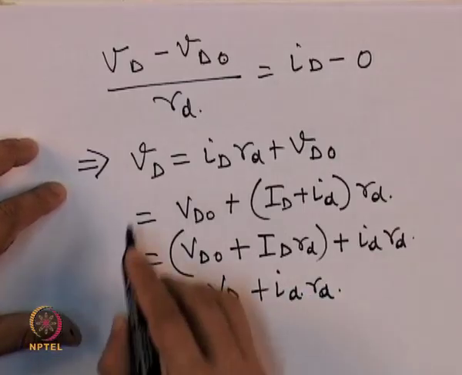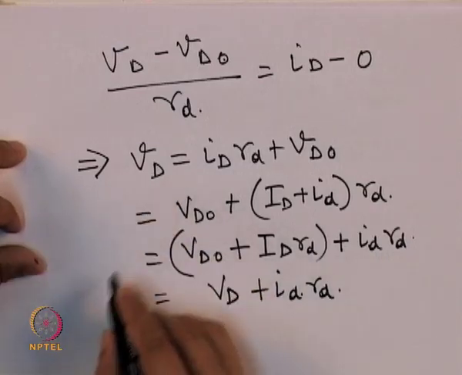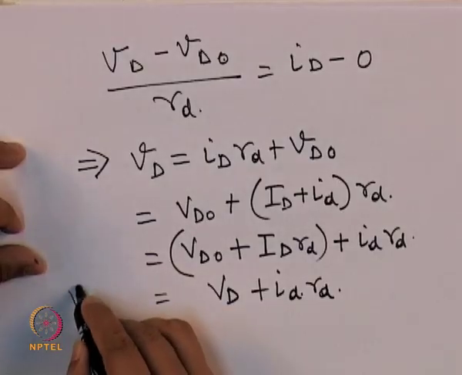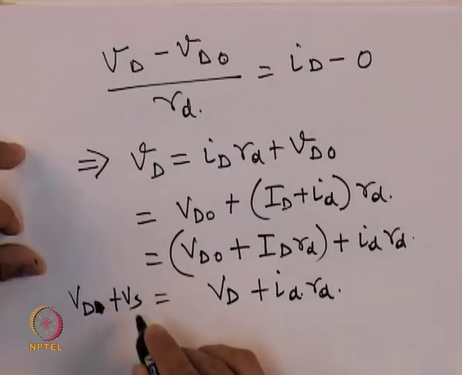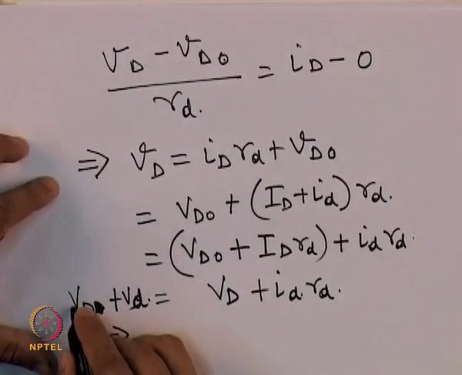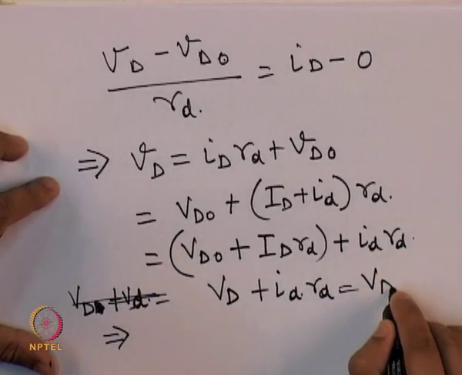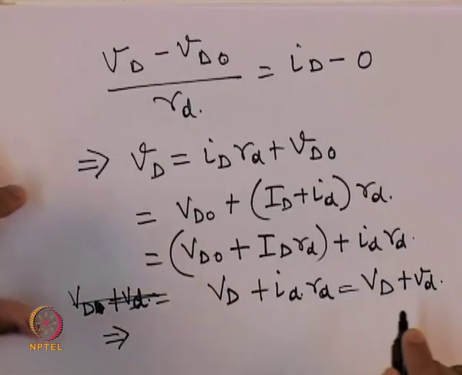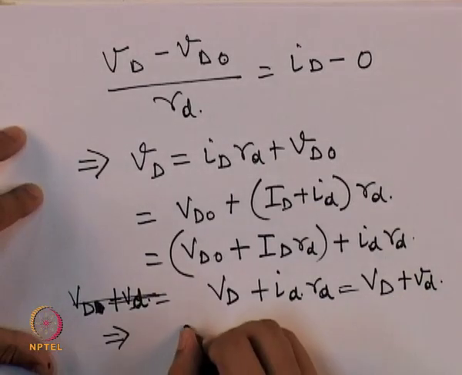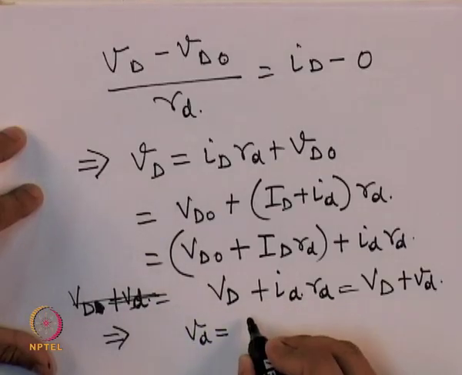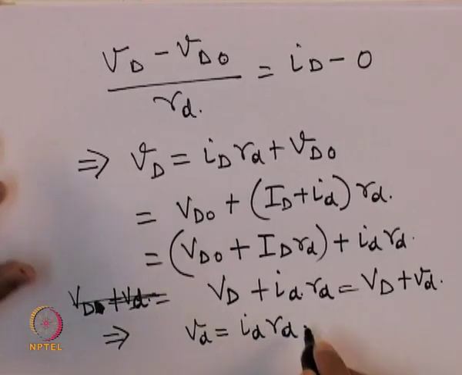Now, if we also write this AC plus DC voltage V d as capital V capital D plus small v small d, or simply V d plus V s, where V s is the AC input, then this v d is equal to i d into R d.